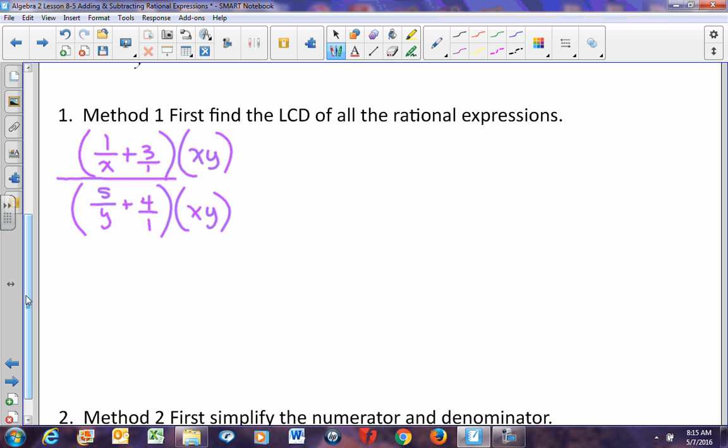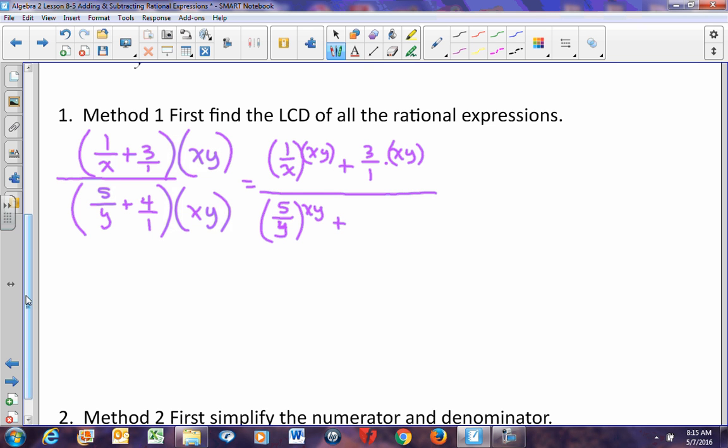Now, if I distributed this, this would be 1 over x times xy plus 3 over 1 times xy, divided by 5 over y times xy plus 4 over 1 times xy.